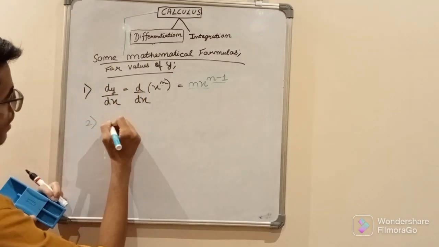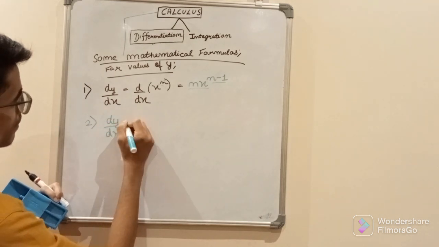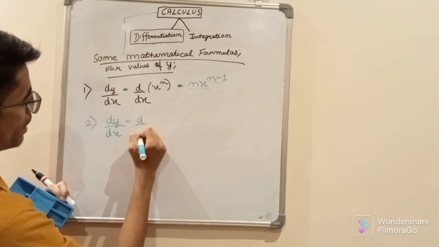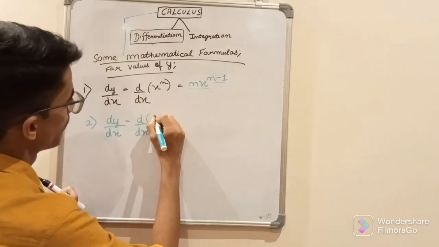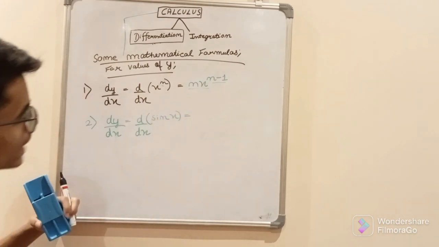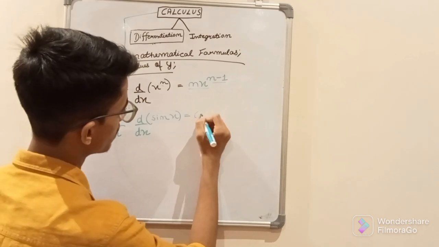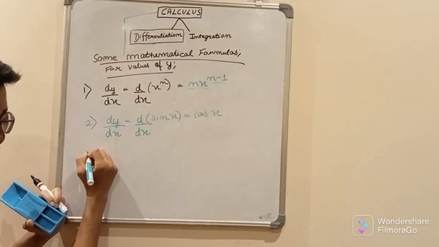Second, dy by dx, and in place of y, let's say we have sin x. So sin x का differentiation is nothing, it's cos x.